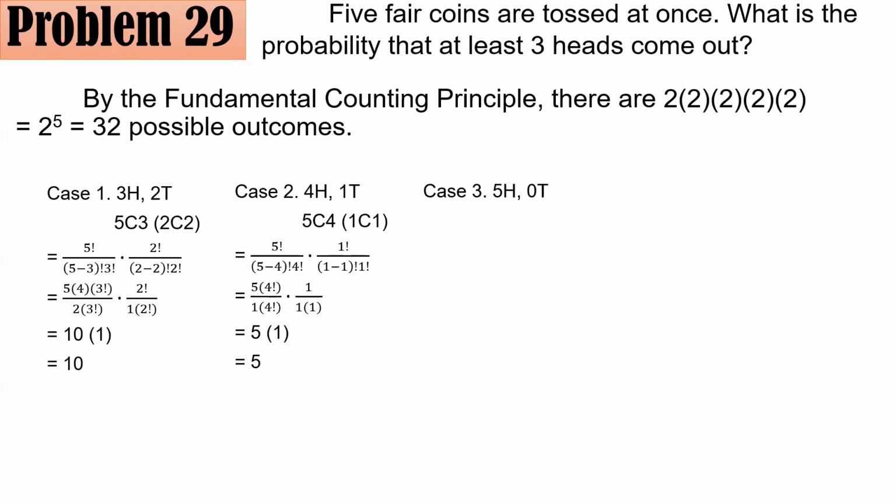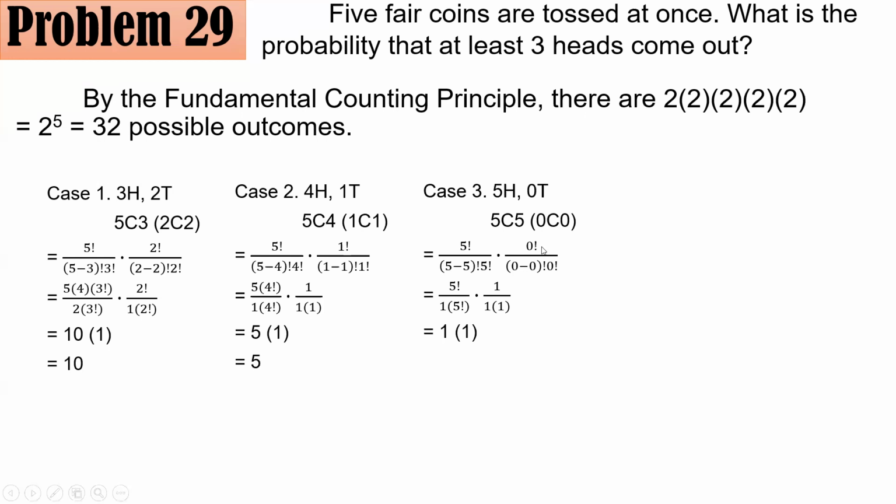And the last case is if all the coins show heads and no tail. So therefore you have 5C5, and the remaining one is 0 combination 0. 5C5 is equal to 1 because if n is a natural number, n combination n is 1.